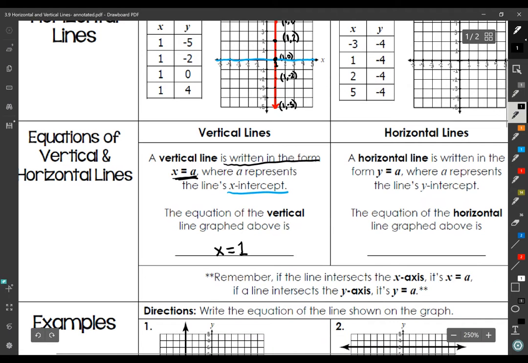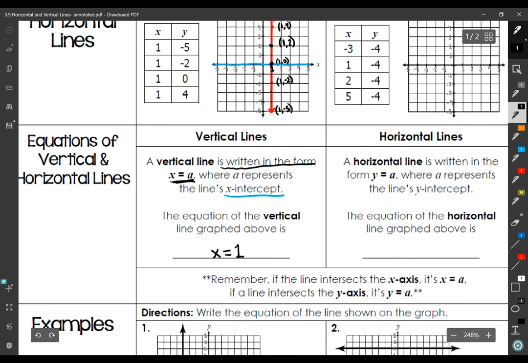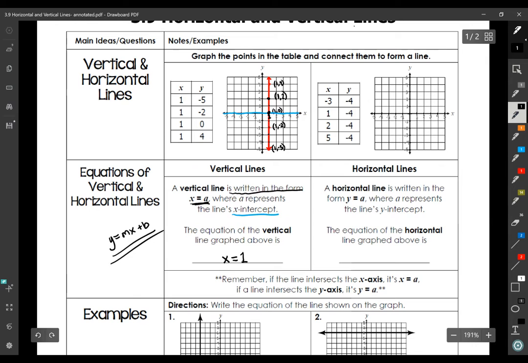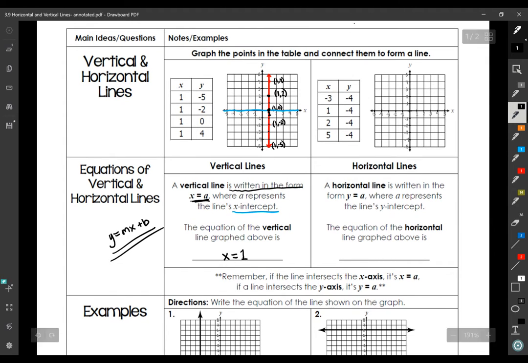So that is the equation of the line. I know it looks weird. Usually the equation of a line is in the form y equals mx plus b, that's what we're used to. But when we have a vertical line, remember, slope is undefined, so we can no longer express a vertical line as y equals mx plus b. The only way we can express a vertical line is with the equation x is equal to some number.